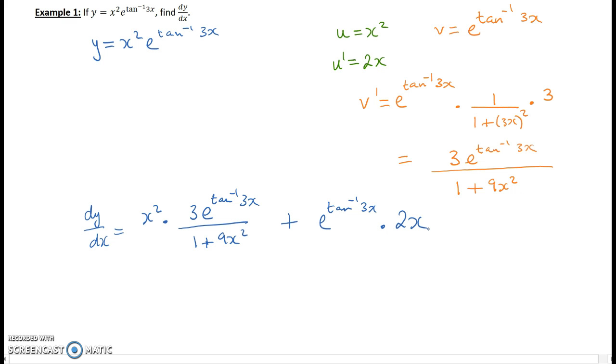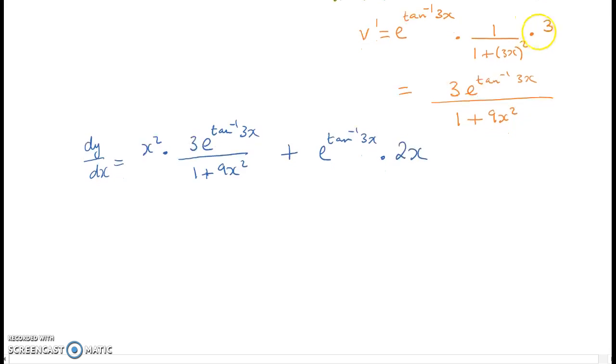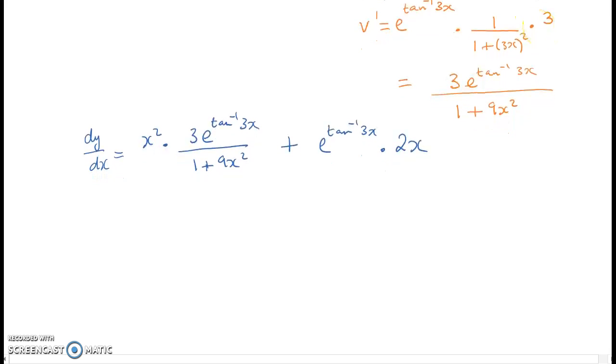Okay, now if we want to, we can begin to factor something out of that. There's an e to the inverse tan of 3x in both cases, and there's also an x in both cases. So we can make this if we want to, and it's useful for multiple choice questions. Let's take out an x, and let's take out e to the power of inverse tan of 3x.